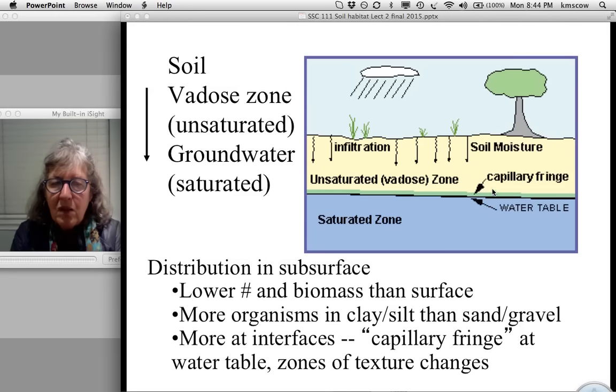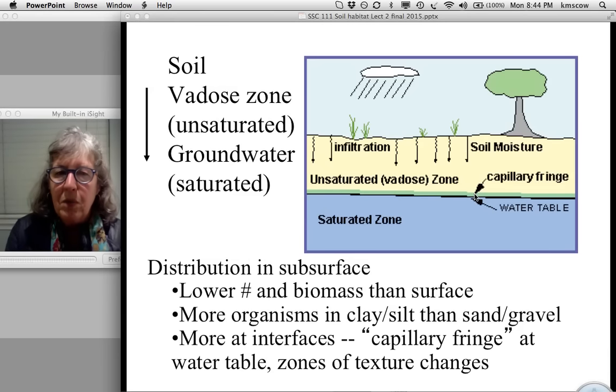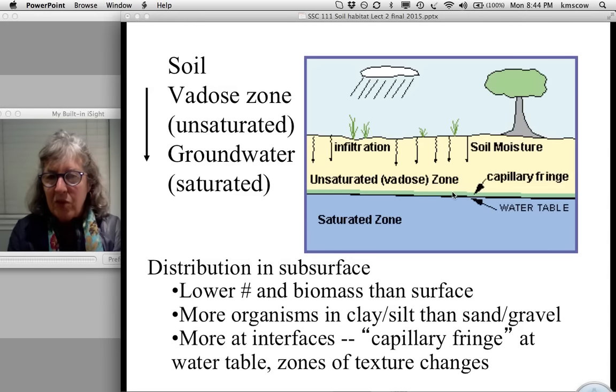And you may also have this capillary fringe, this area that the water table moves up and down in depending on the season, that is a little bit more nutrient rich and maybe has a higher moisture content. So as you go into the vadose zone, you see lower numbers. Remember, we already looked at that in the first picture.